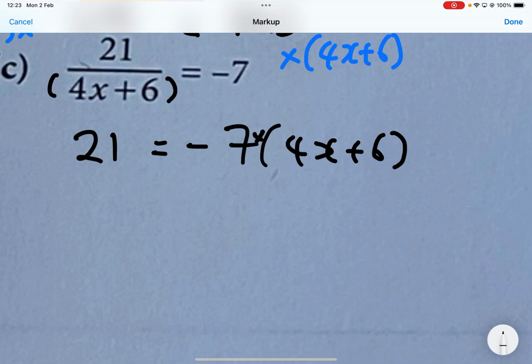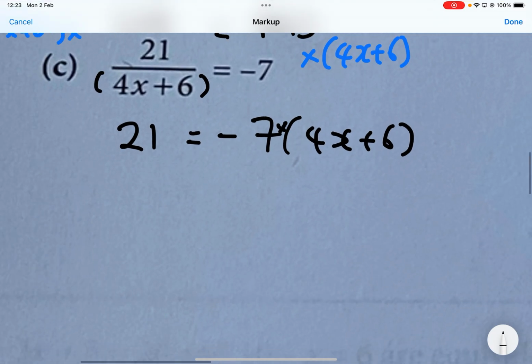So instead of multiplying, another way to open the bracket is I divide both sides by negative 7. Once I divide both sides by negative 7, this one becomes 1. Then 1 times this bracket means it is just the bracket itself.